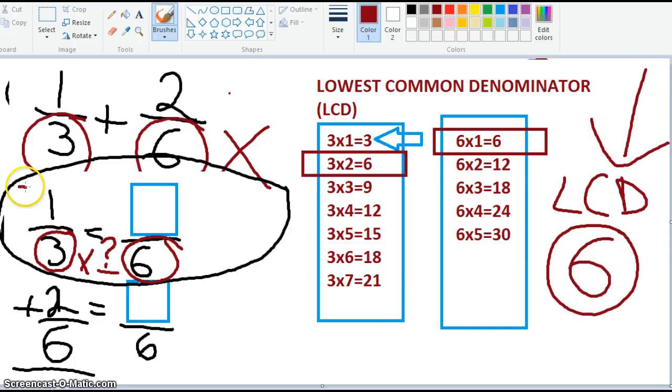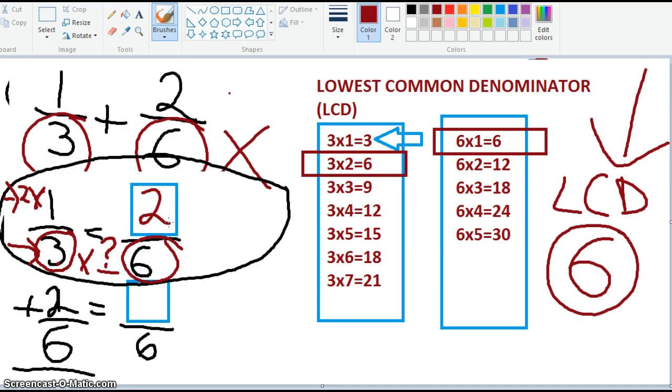So I'm going to take that number and put it up here, and multiply it times the number on top. Again, one more time: when I look at my two denominators, I say 3 times what number would give me 6? Well, 3 times 2 would give me 6. So I take that 2, put it on top, and multiply it times the number in my numerator. So 2 times 1 is 2.